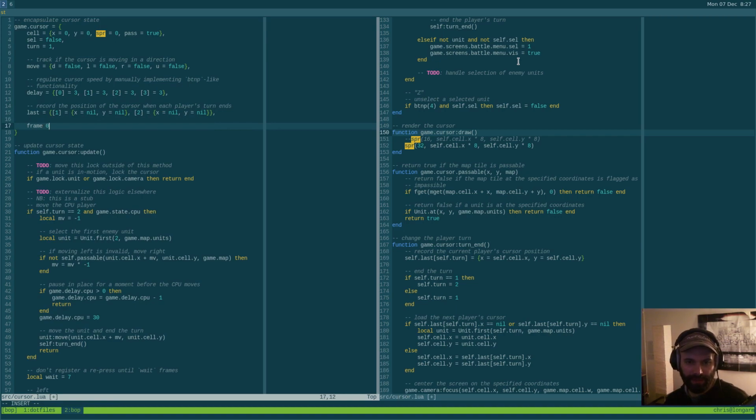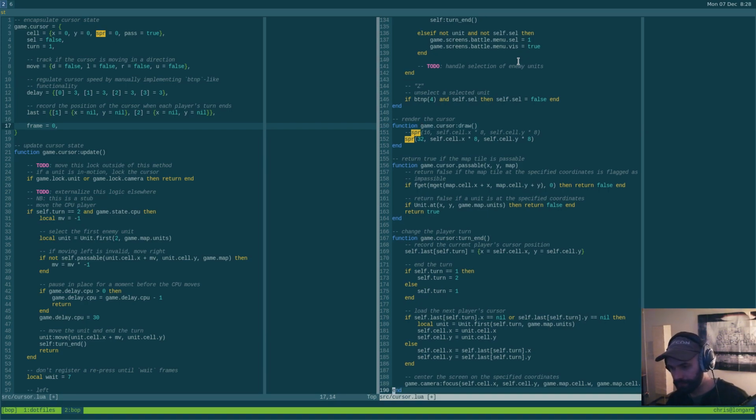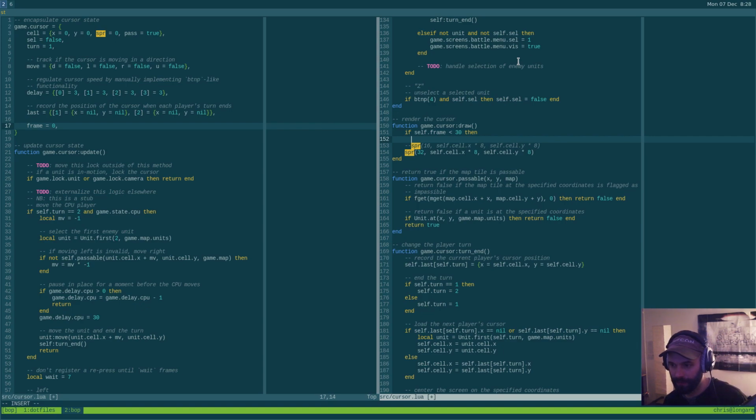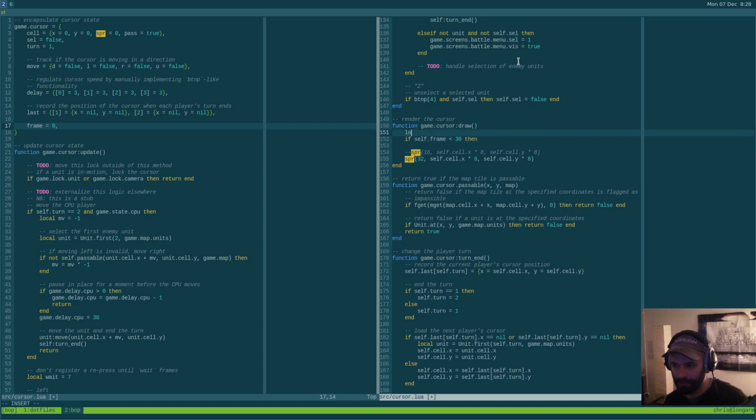Frame is 0. And then let's say, if self.frame is less than, we have 60 frames a second, I'll get this wrong, if it's less than 30, and let's do local sprite is 32.